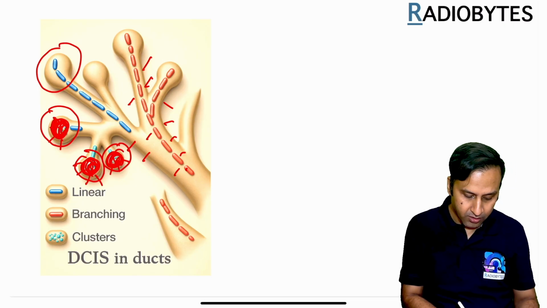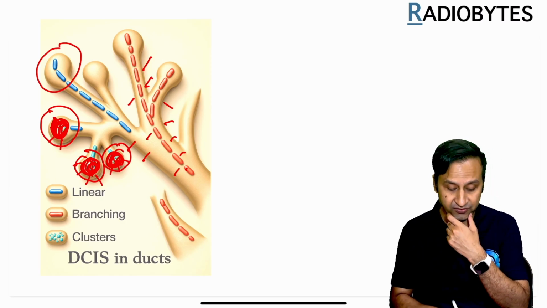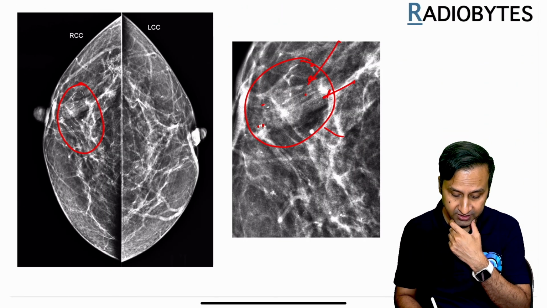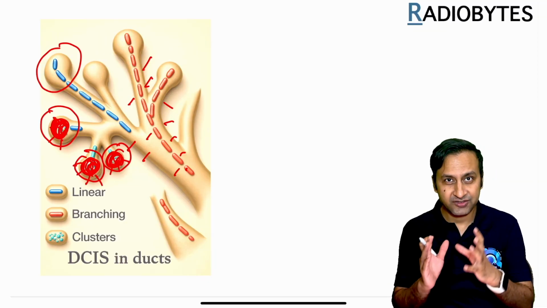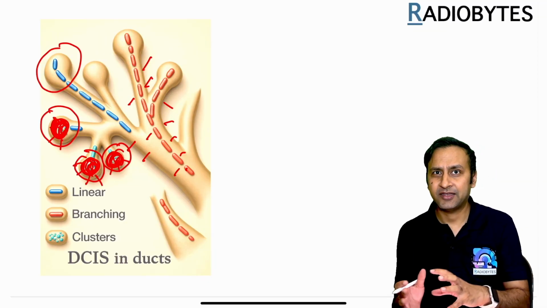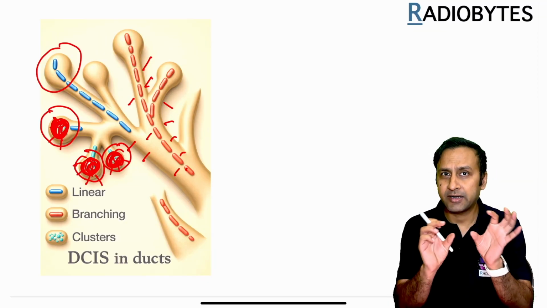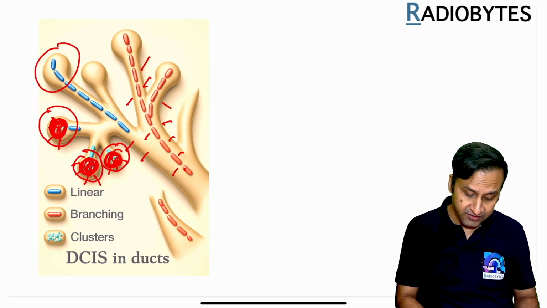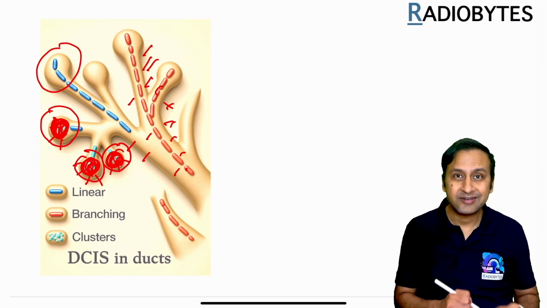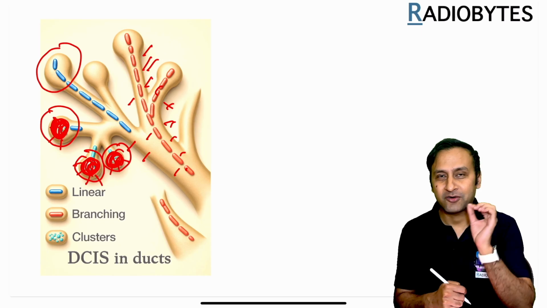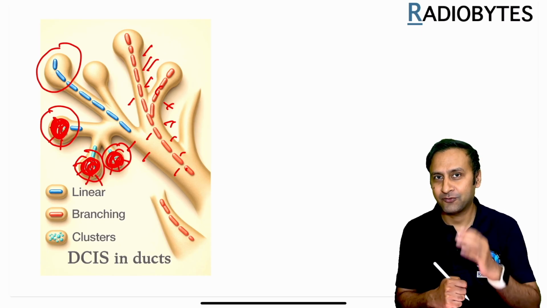So you'll have a more rounded or punctate pattern of calcification as we saw in this particular case. It means that if there is a disease which is affecting the acini, that would likely produce a punctate pattern of calcifications. And if there is a disease which is filling in the ductal channels, it will produce a more linear pattern of calcifications, a ductal pattern of calcifications.